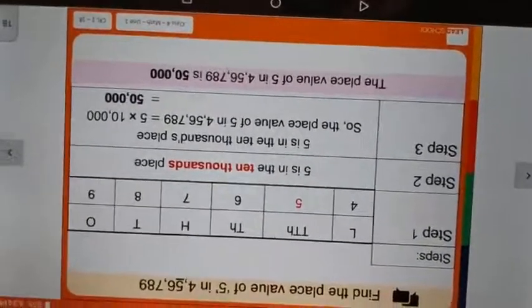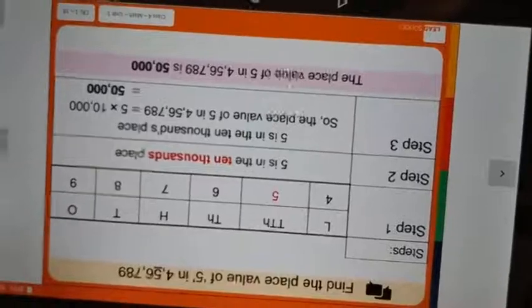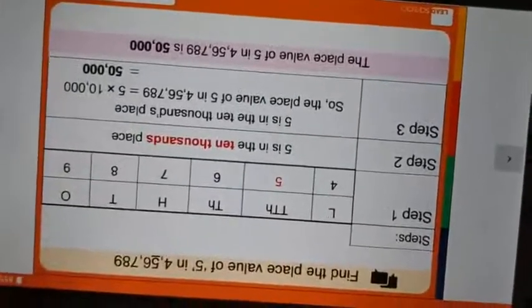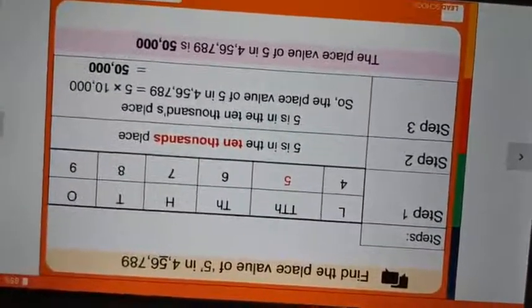So students, look at this and write it down in your notebook. I'll give you 1 minute. You have to complete your work and write this example in your maths notebook.